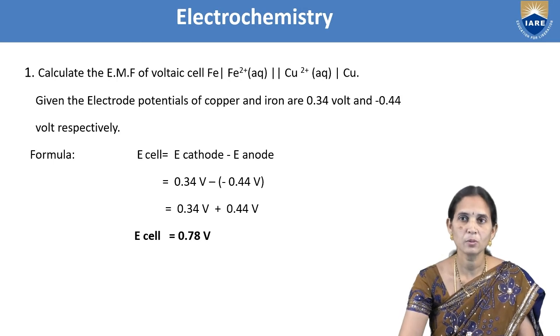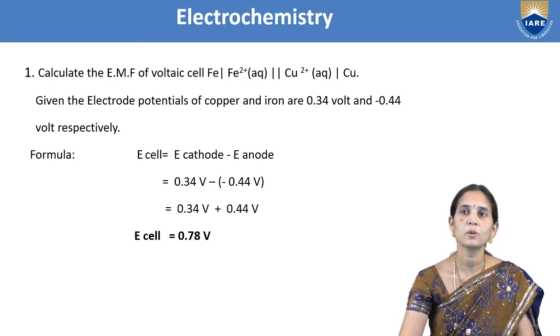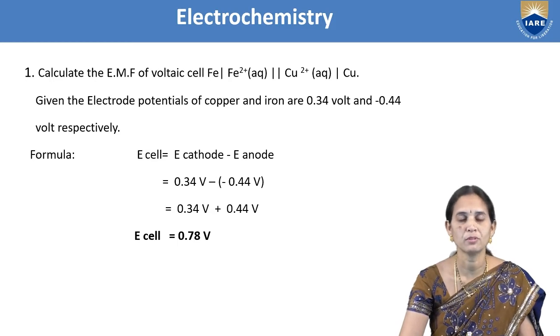The given electrode potentials of copper and iron are: the copper electrode potential is plus 0.34 volt and the iron electrode potential is minus 0.44 volt.